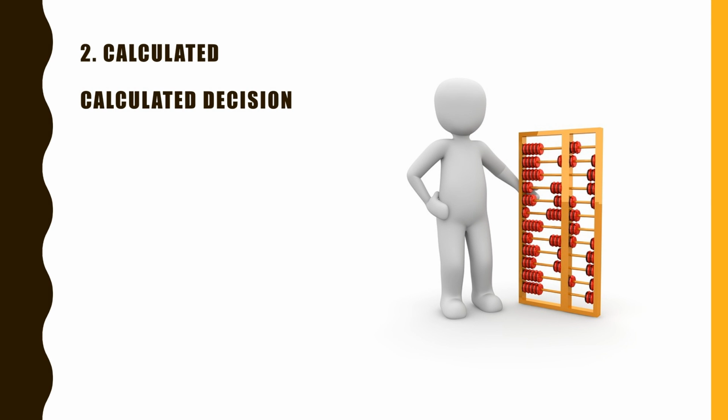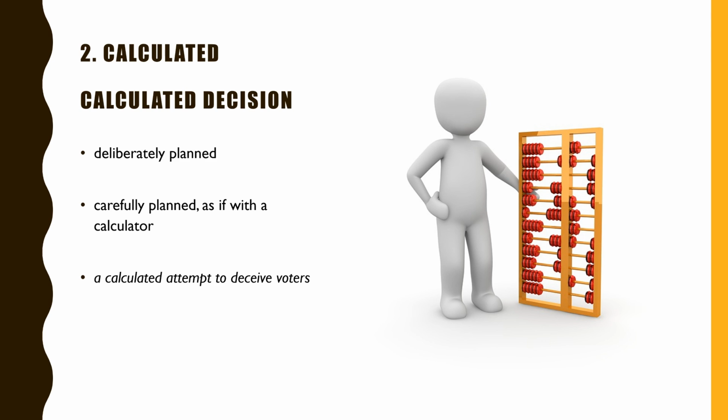Calculated. Calculated decision. And that is deliberately planned. Of course, you know what a calculator is. You use it all the time. So to have a calculated decision means it was very carefully planned, as if you did it with a calculator, planning things out. So here's an example: a calculated attempt to deceive voters.